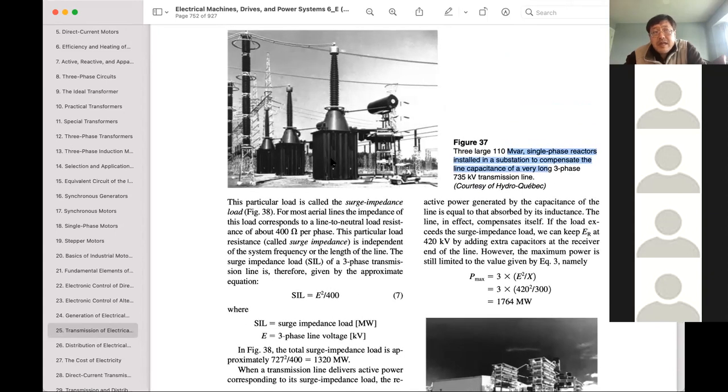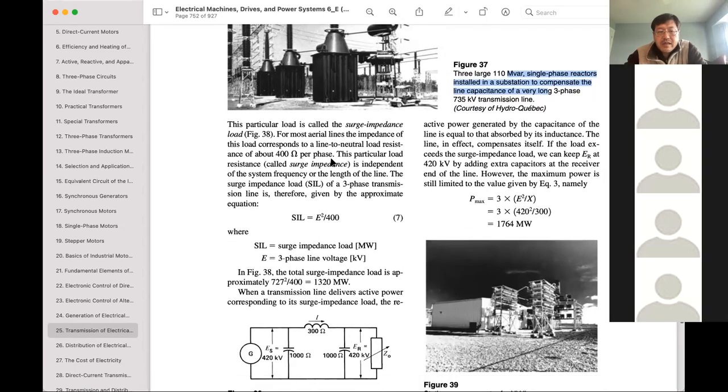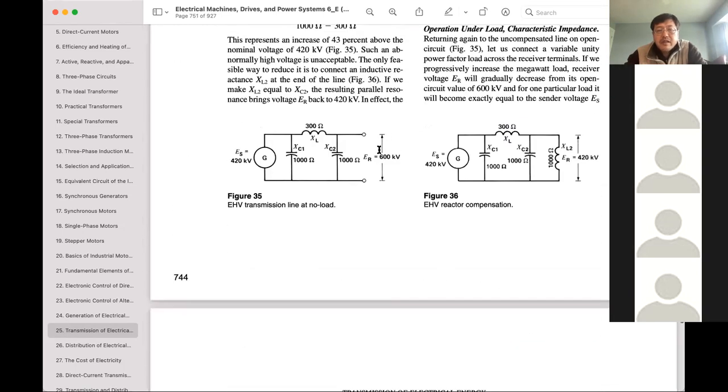That means if your customer is underloaded, so your customer is not using a lot of power, you need inductors to make compensation so the voltage delivered will be safe. Otherwise, in this example, the voltage can go almost 50% higher than the source.